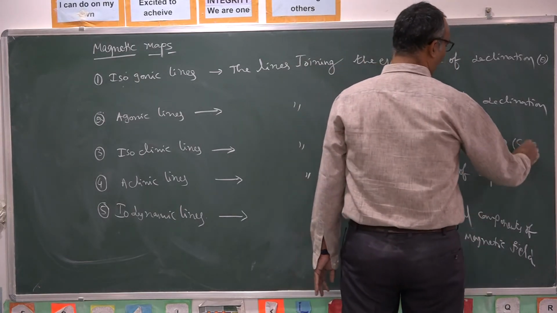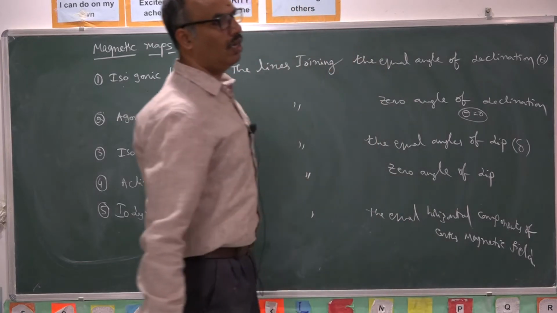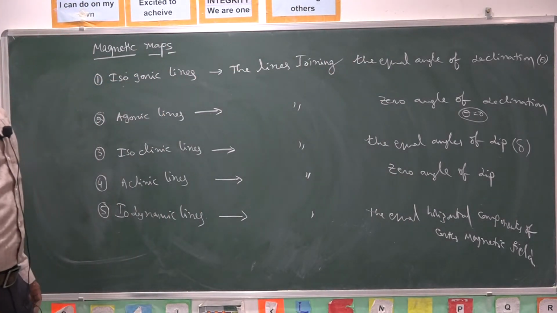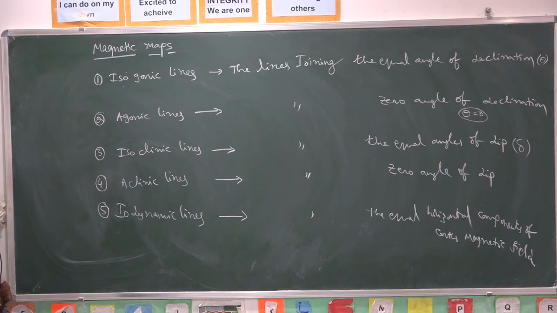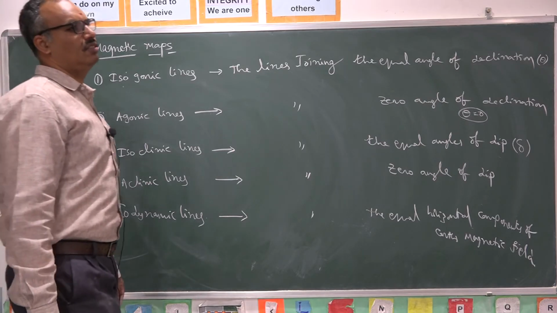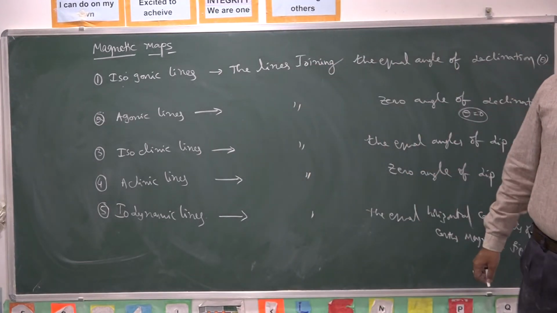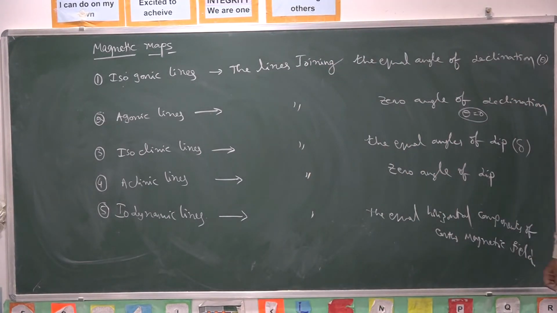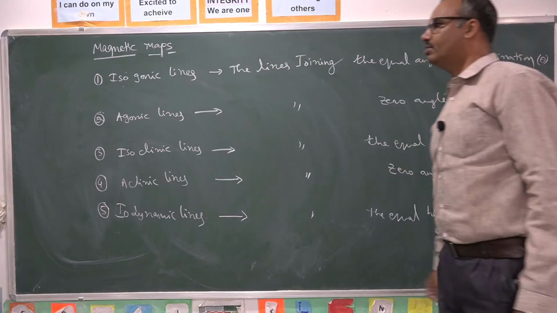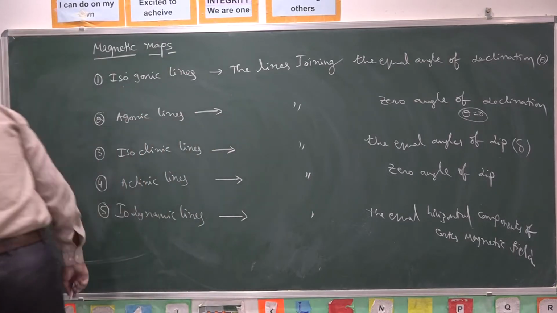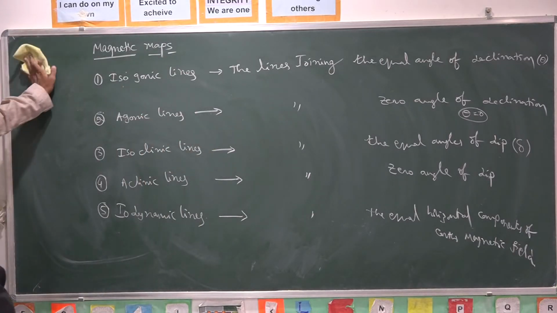Areas with the same delta are joined by isoclinic lines. Areas with zero angle of dip are joined by eclinic lines. Isodynamic lines join places with the same BH value, meaning the horizontal component of Earth's magnetic field. Sometimes they will ask a bit based on these lines. I gave this idea only for general knowledge.